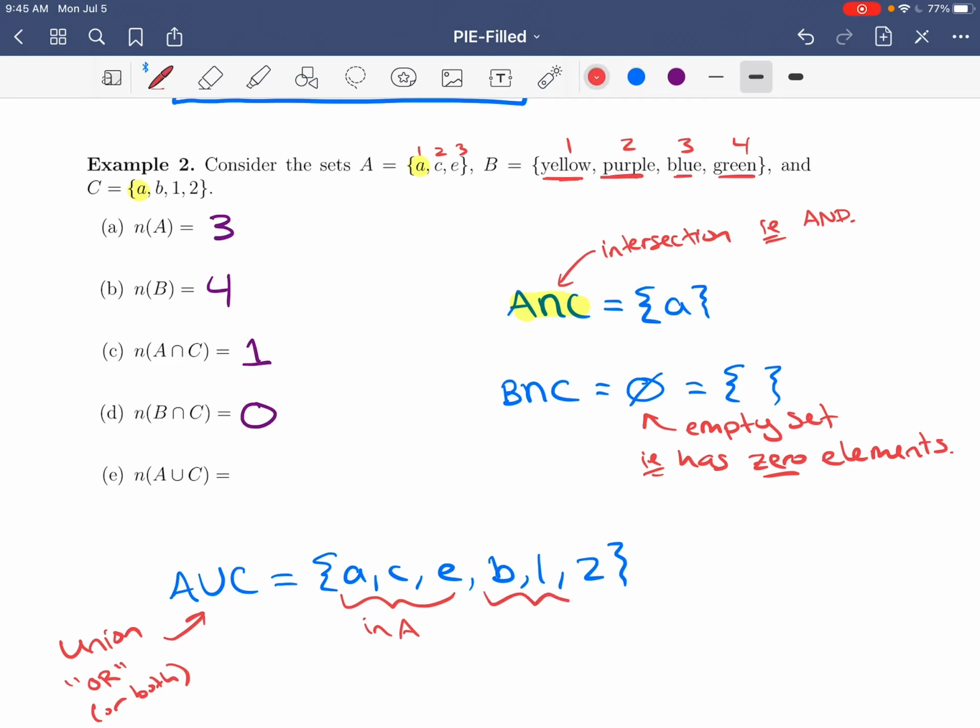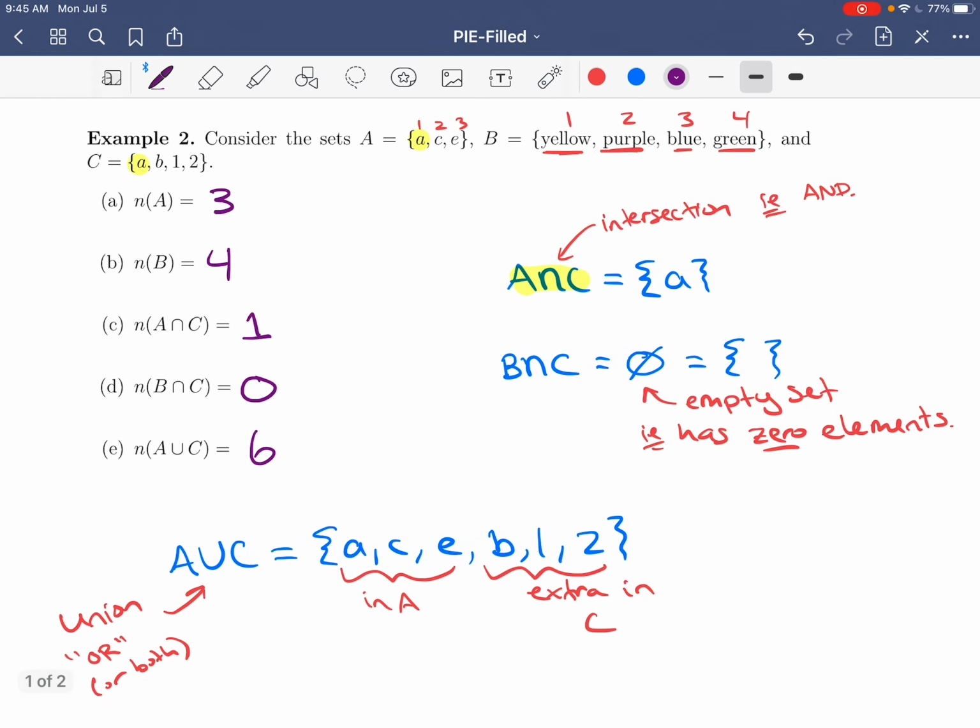So these ones are the extra ones in set C. Okay, so then now I can see that A union C has 6 elements. Okay, so there's 6 elements in that set that we wrote out.